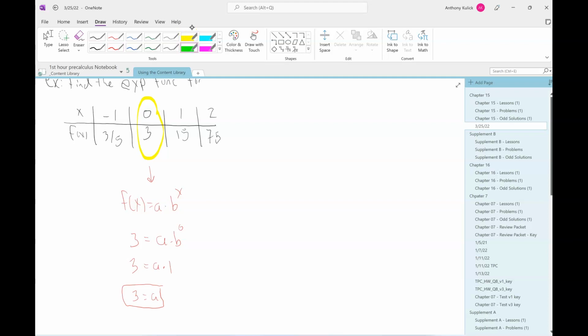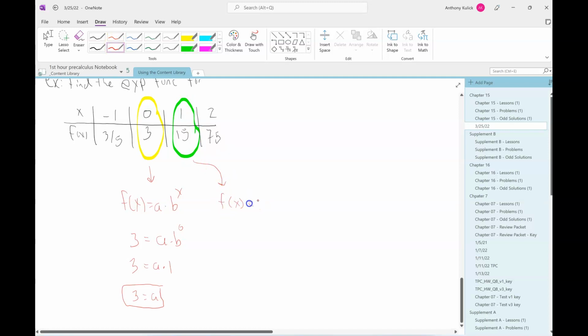Cool with that? So then I can take any other of these points and do the same thing, plugging in for x and f of x.